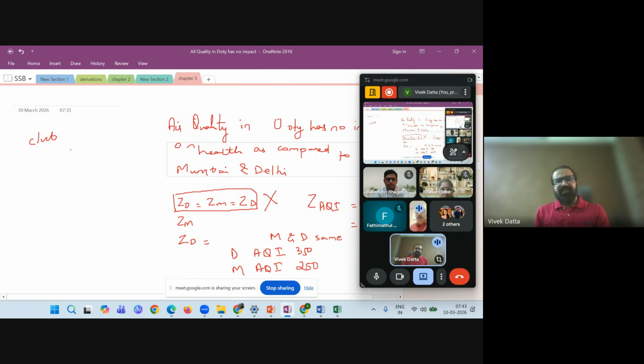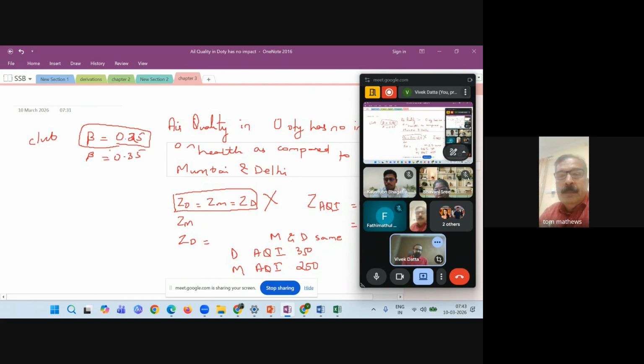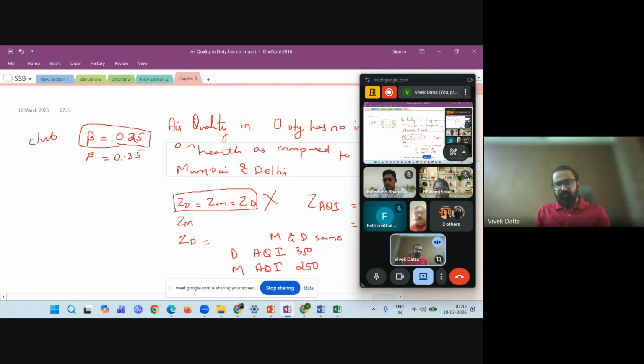If I club this and I say beta value for Mumbai is, say, 0.25, and beta for Delhi is 0.35, I cannot club them into one Boolean. So that is not possible to do.